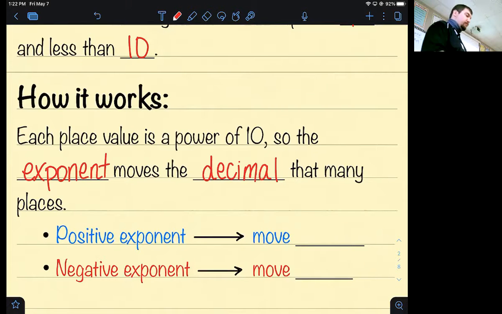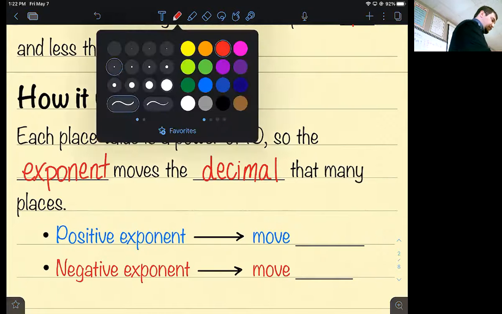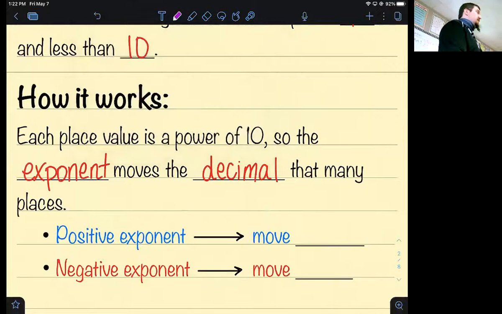The exponent moves the decimal point. If it's a positive exponent, then it's going to move your decimal point to the right because it gets bigger. But if it's a negative exponent, it's going to move your decimal to the left because it makes it smaller.